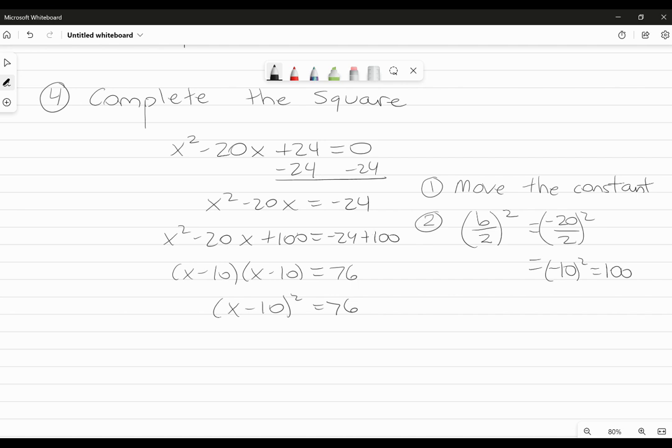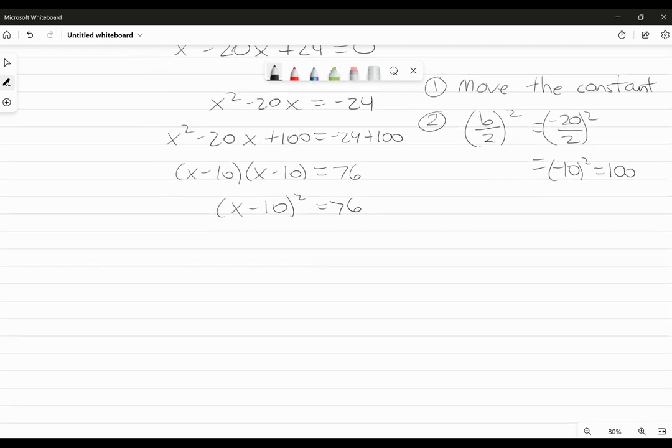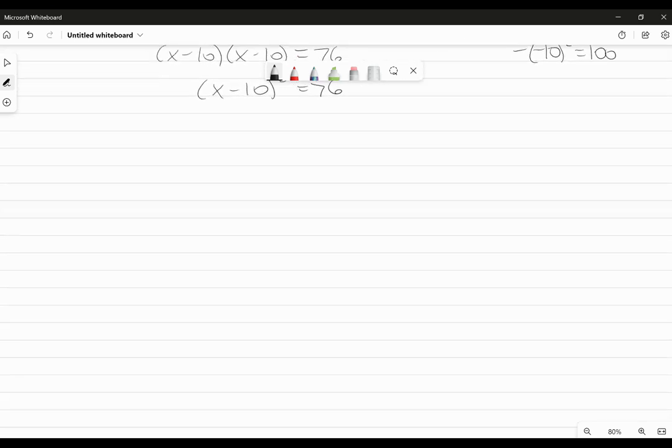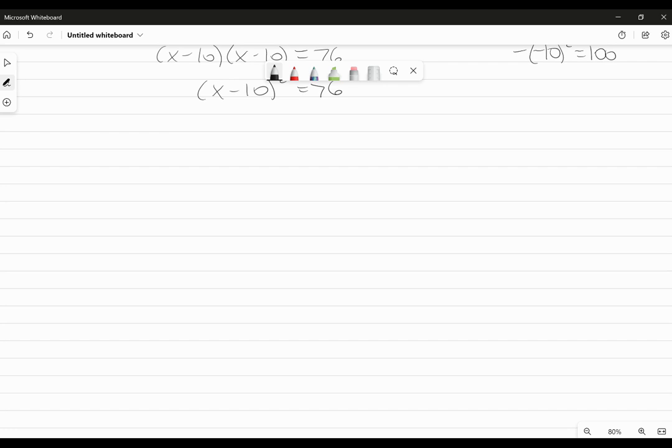So let's take a look at example one that you might have remembered from your test earlier. Completing the square is useful with circle equations not in standard form.